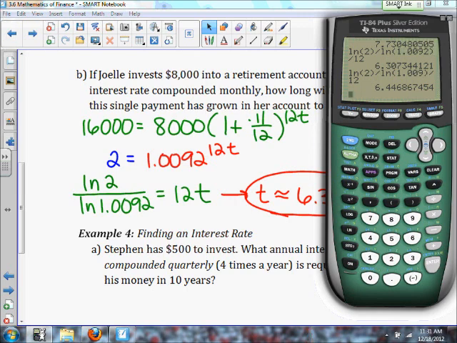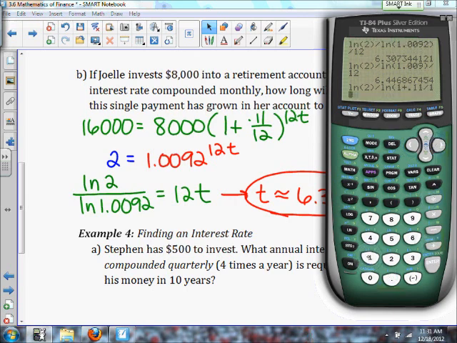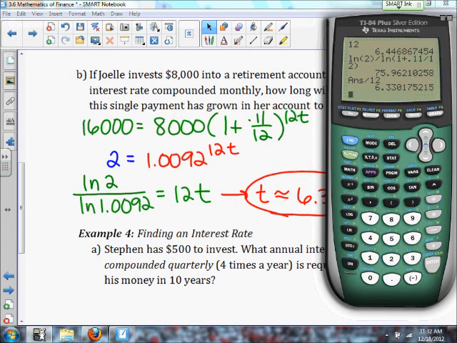If you really, truly want to get the exact answer, the correct answer, exact, would be 6.33 years. That'd be the most exact answer you could get. Okay, 6.33.